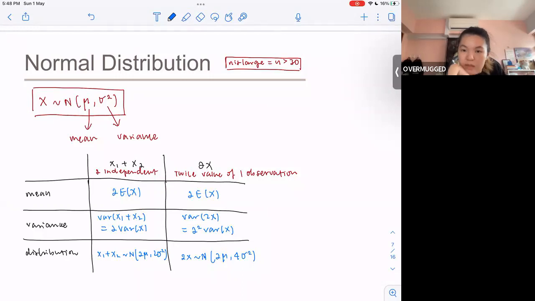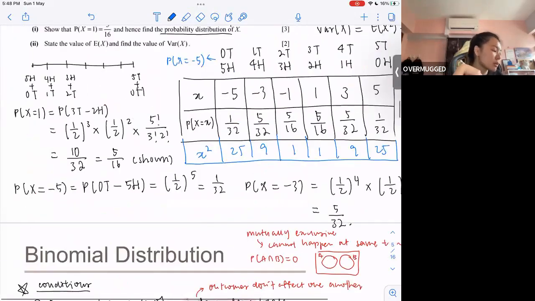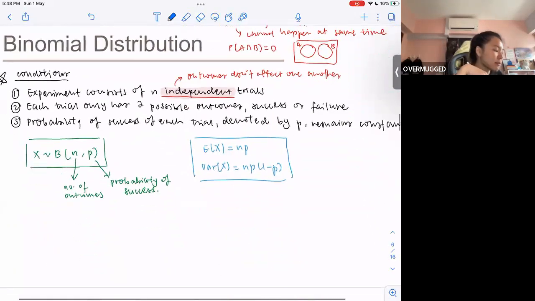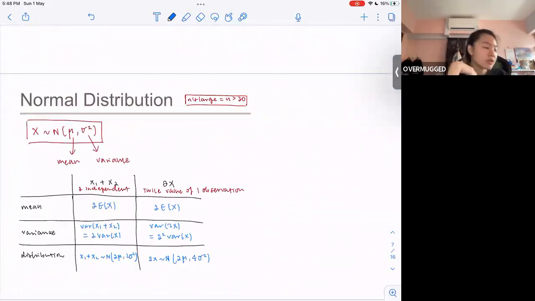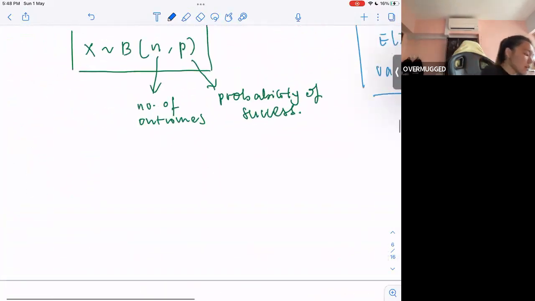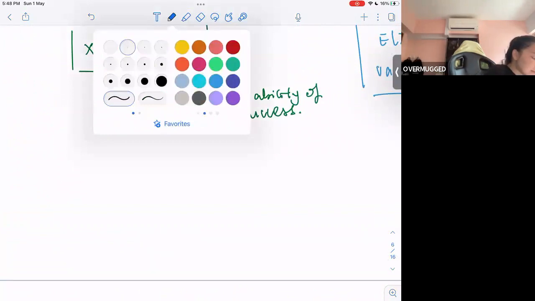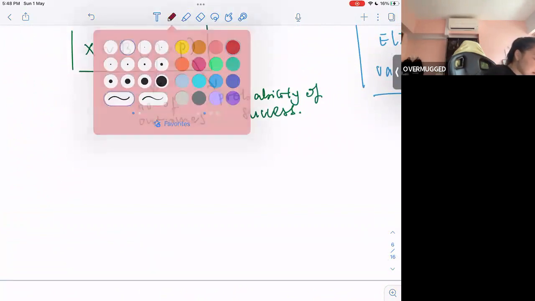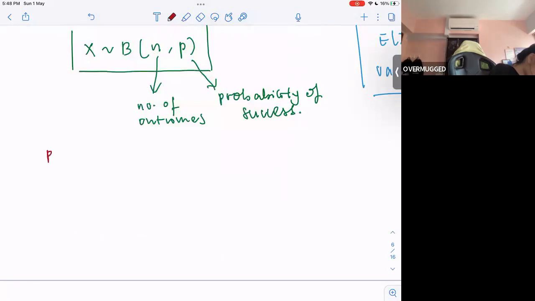Of course, for this chapter, you need to be able to use your GC very well, for normal, binomial, actually the whole of statistics. So I'm going to give you an overarching summary also. If you are finding the probability of X being equal to something, you use your binomial PDF.